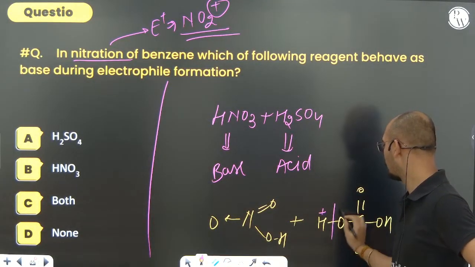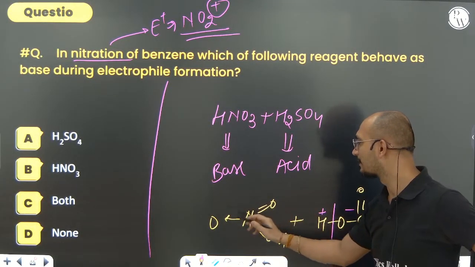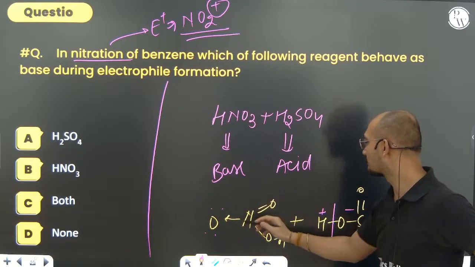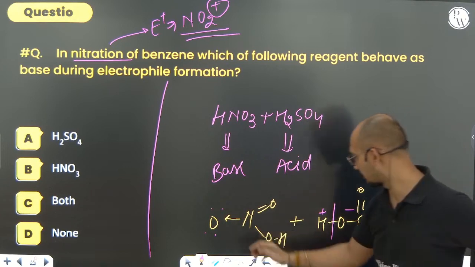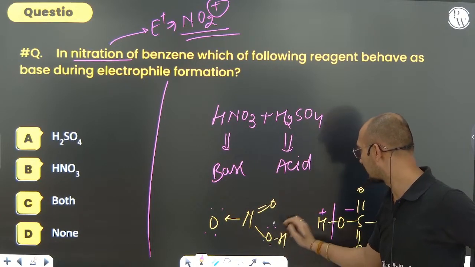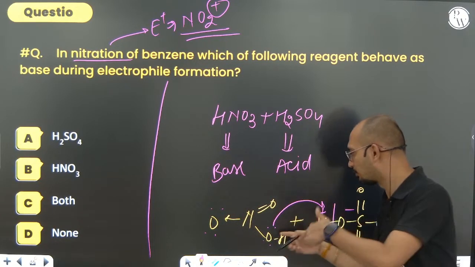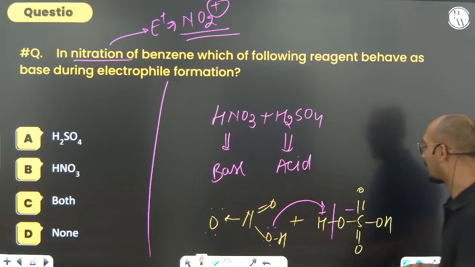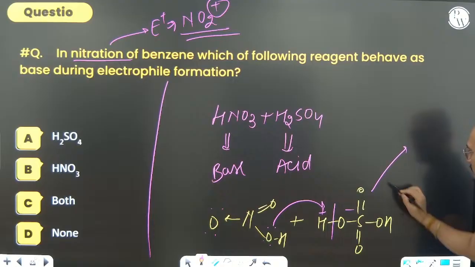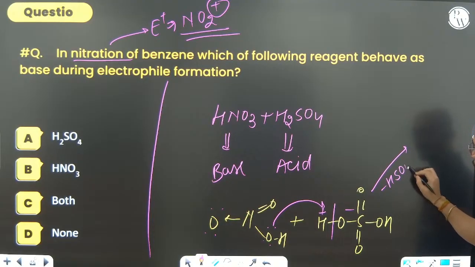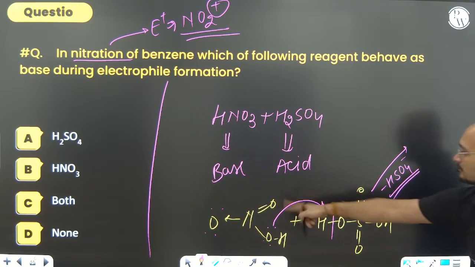It will break into O minus and H plus. Can you see there is oxygen? Sorry, not this oxygen. This oxygen will take this H plus, because oxygen has the lone pair. As it has the lone pair, it will attack and take this. What will it convert into? It will convert into HSO4 minus.